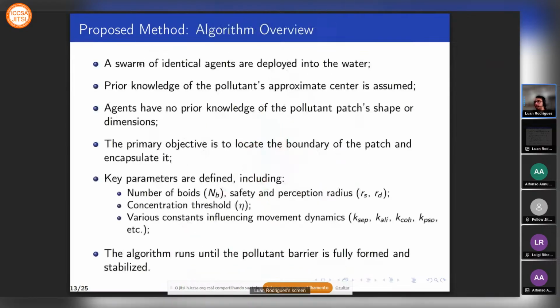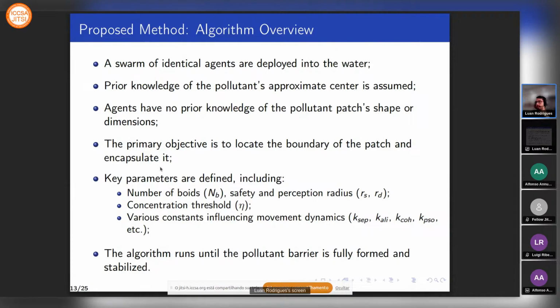Now we have an overview. So the swarm is deployed in the water. They have a prior knowledge of the approximate center of the pollutant, but they don't know where the edge of the pollutant is. So the objective is to locate this barrier, the boundary, and encapsulate.